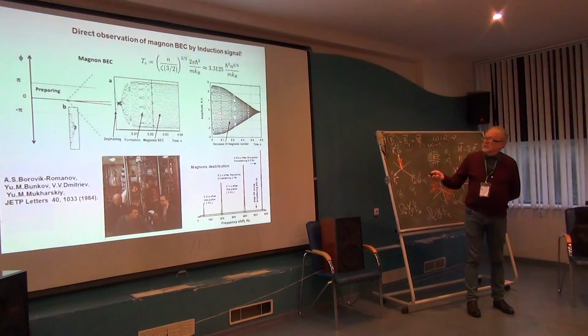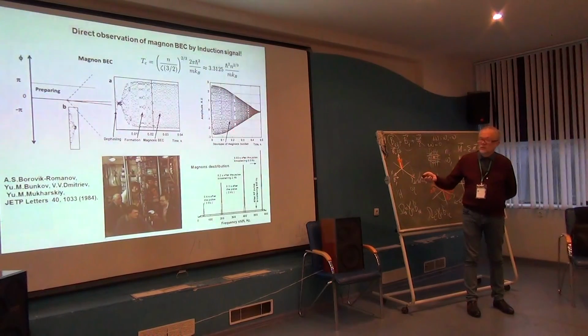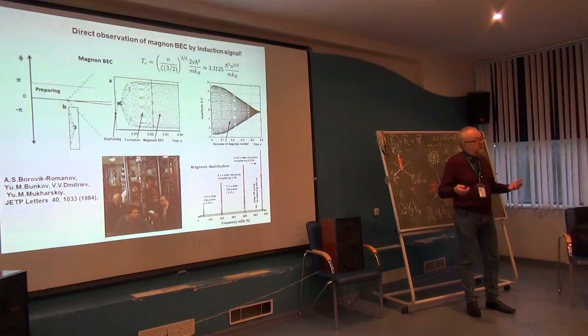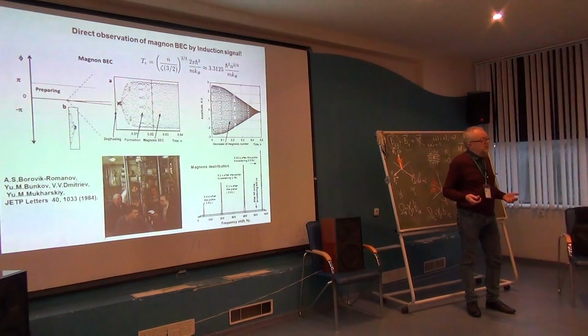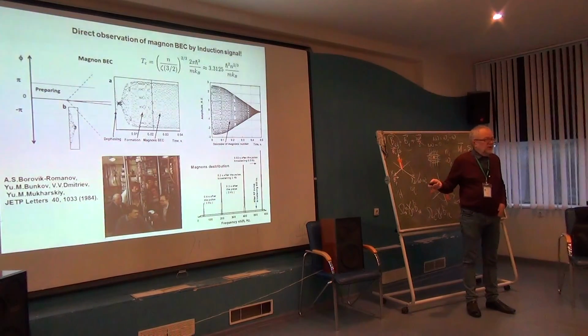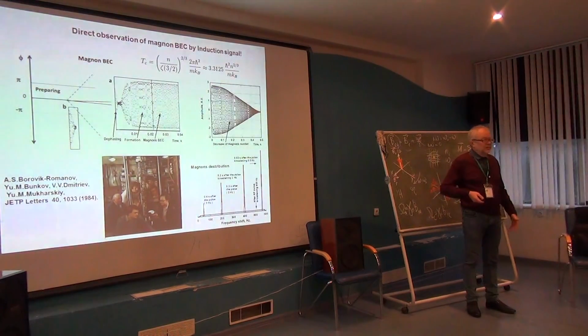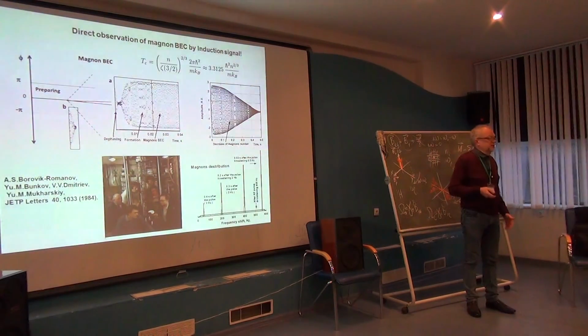The signal later decays because magnons evaporate, just the same as atoms in the trap also evaporate. Atoms in the trap live something like parts of a second; the best is now a few seconds.